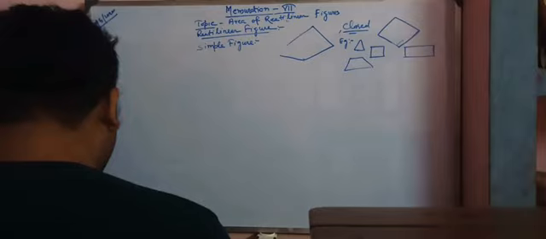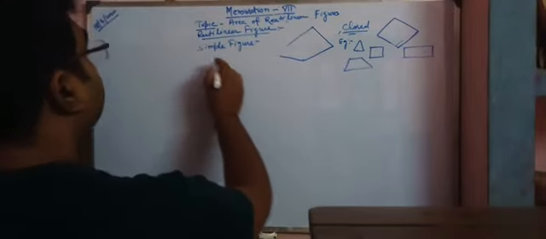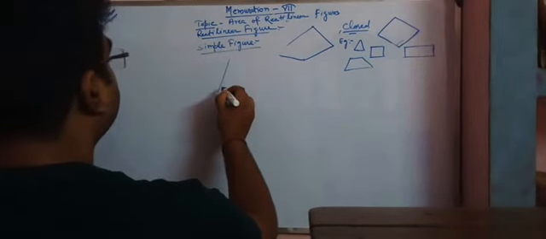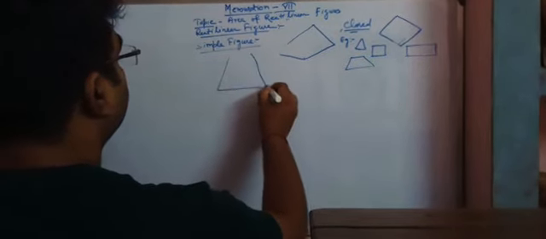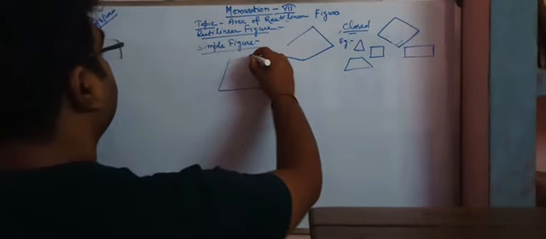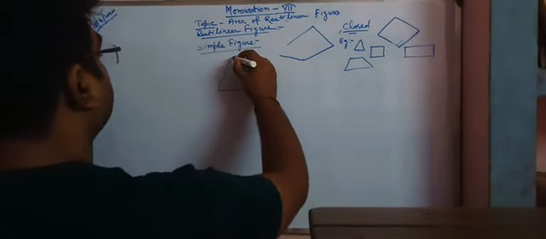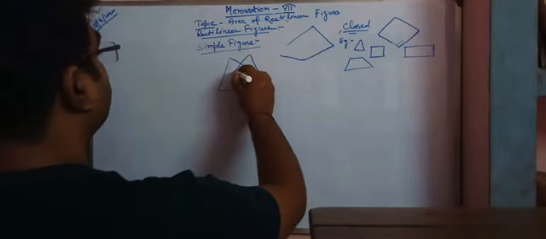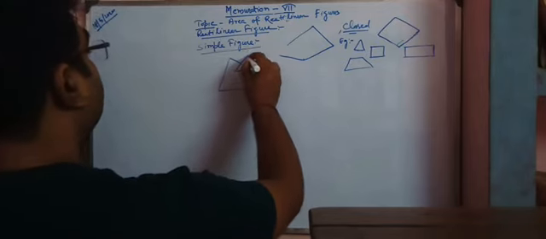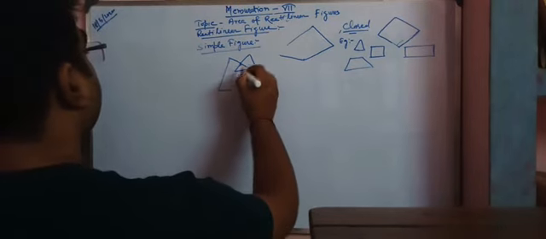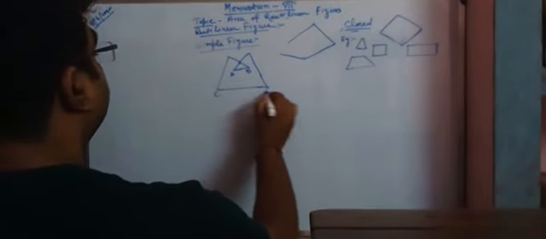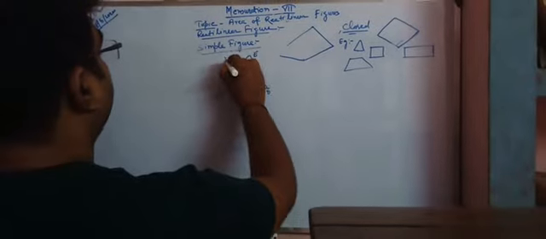So what is a simple figure? Suppose we take this figure. Here two sides of this rectilinear figure intersect at a point. If we name the vertices A, B, C, D, E and F, this is intersected here.